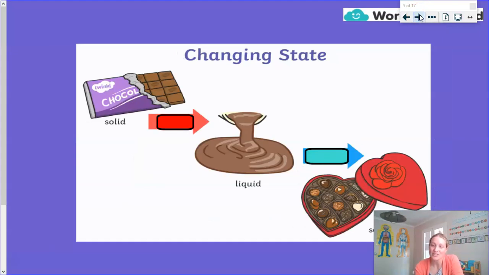But just remember, it's not only water that can change state. I can melt chocolate. So here I have a bar of solid chocolate and I apply the heat so that it melts into a liquid form. And then I can cool it so that it solidifies, there's a good word for you, solidifies into a solid form again.